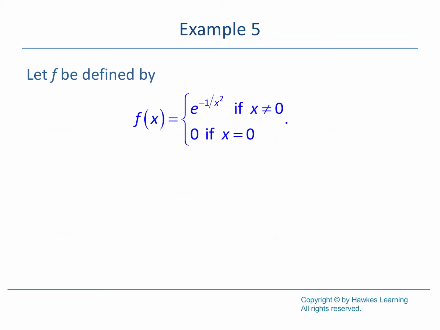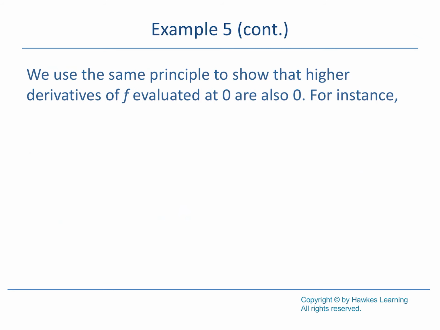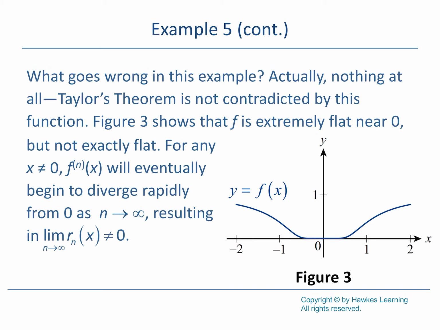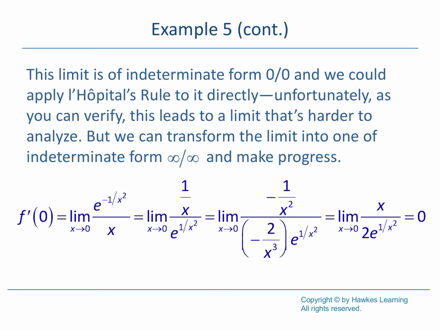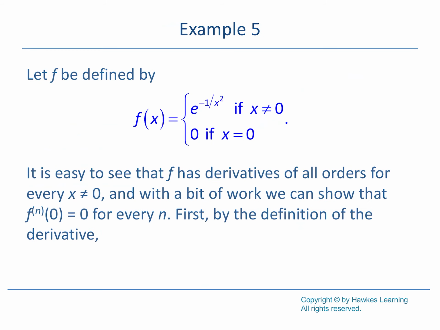Here we have the function f of x equals e to the negative 1 over x squared. This function is kind of funny looking. I'm going to just scroll over to what it looks like real quick. It is very, very flat around x equals 0. And so when you take successive derivatives of this thing, you keep getting 0.